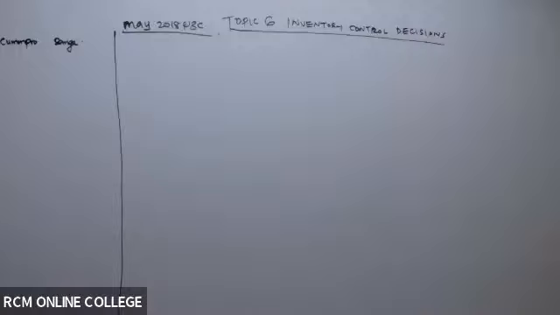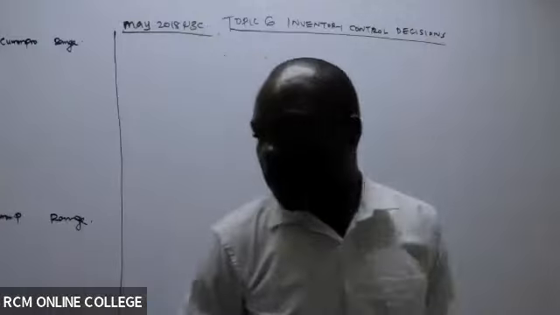Lead time is given there as 2, 3, 4, 5. Then we have probability, cumulative probability, then we have range.